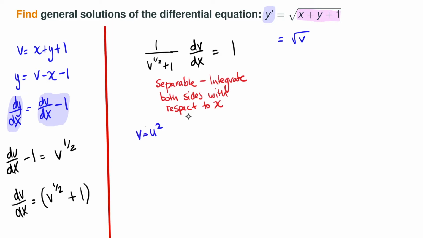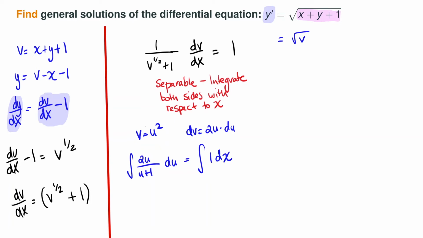If we let v be equal to u squared, then we get our dv term is 2u times du, and the left side, integrated with respect to x, will simplify to be the integral of 2u over, now u squared raised to the 1/2 power just simplifies to be u. So we have our u plus 1 with respect to u equals the integral of 1 with respect to x.